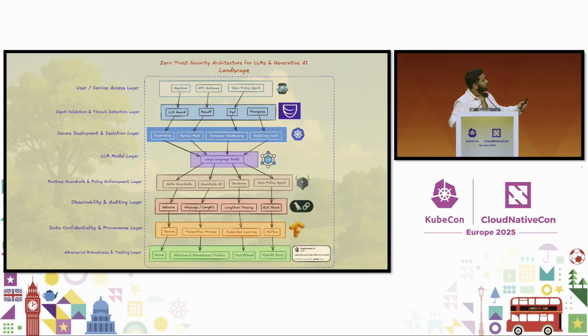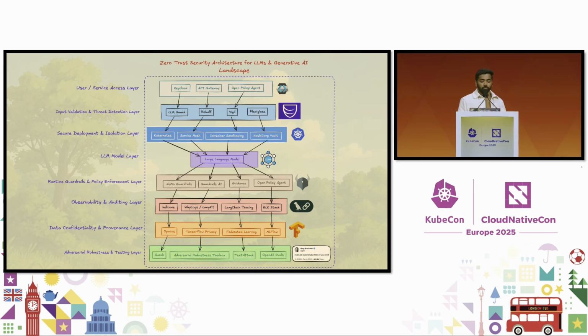So this is the landscape diagram I built. If you want to implement zero trust architecture for LLMs, you can see it covers all the layers of your LLM deployment and how you can implement security across all of them. From the user access level, where we use Keycloak, API gateways, or OPA, which handle authentication, authorization, and identity verification.